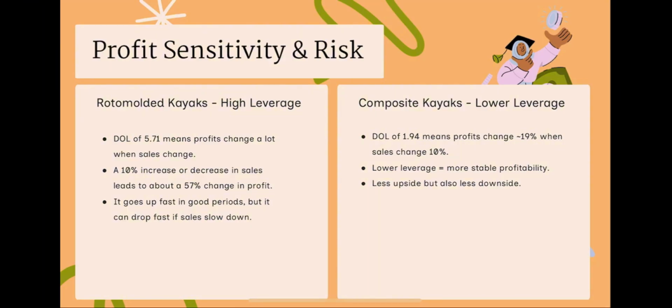And then on the composite side, the DOL is only about 1.94, so it reacts much less to changes in volume. A 10% change in sales, just like the other example, leads to about a 19% change in profit, which is a lot less. So compared to rotomolded, composite kayaks are more steady and predictable, and they don't swing as much when sales move. Seeing both sides together, you can tell that the two products carry very different levels of operating risk.